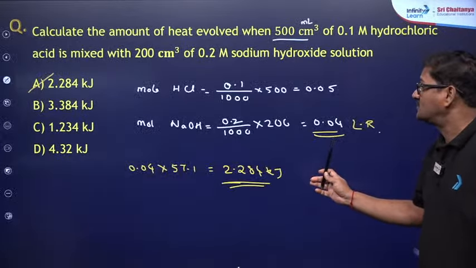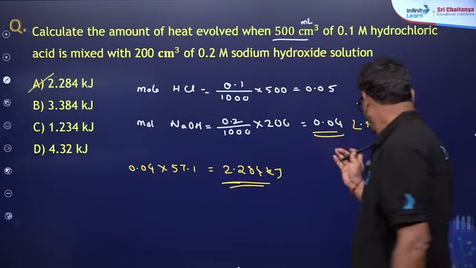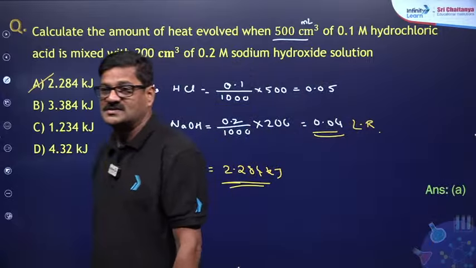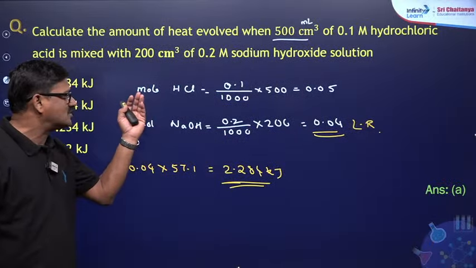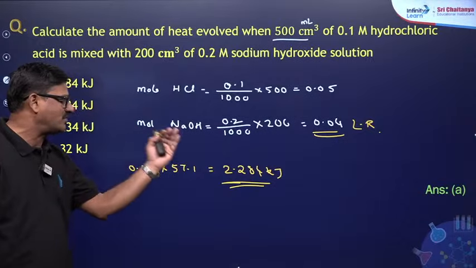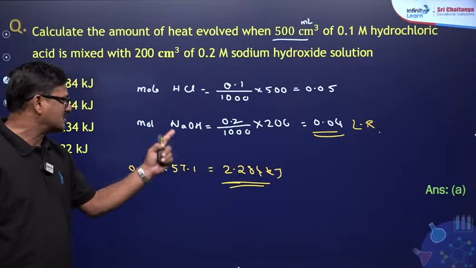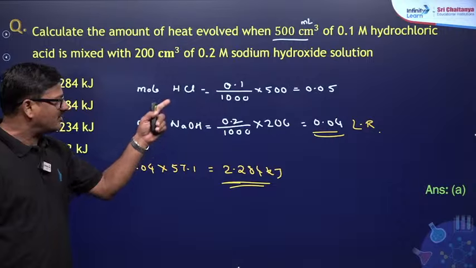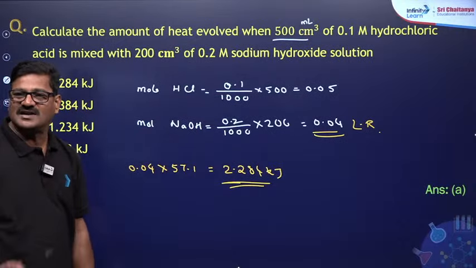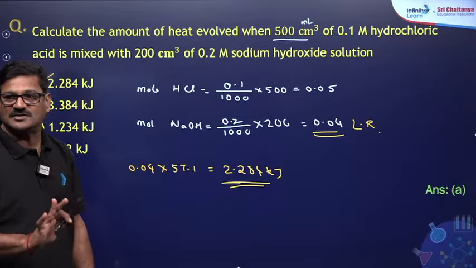And this is the question we did. Any doubt with this? You have to calculate the number of moles of HCl, number of moles of sodium hydroxide, strong acid, strong base. So sodium hydroxide at 0.04 is the least, so we will give according to this.